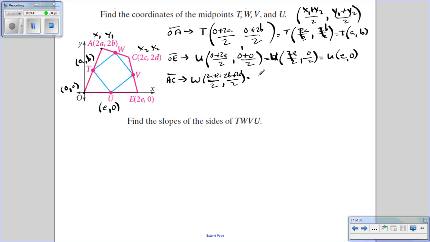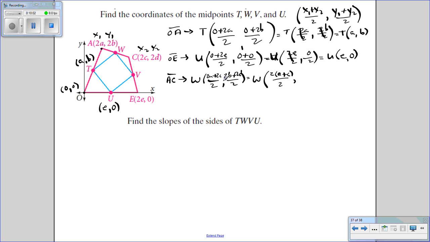Alright, now we're going to try to simplify this. So again, this is point W. Now I can't combine 2a and 2c because they're not like terms. However, they do both have a 2. So I'm going to factor out a 2 from both of those. I'm going to divide out a 2, leaving me with a plus c.